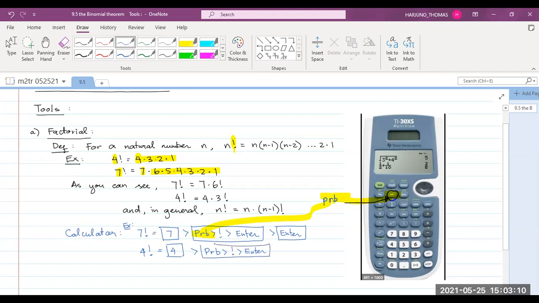After that, you will see 4 factorial on your screen. Then you press enter. You should get 24. Now please confirm that you get the same thing.